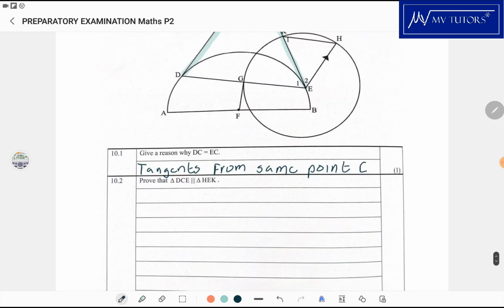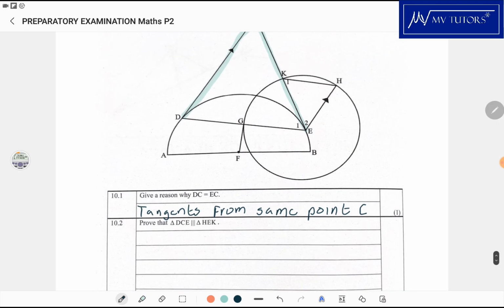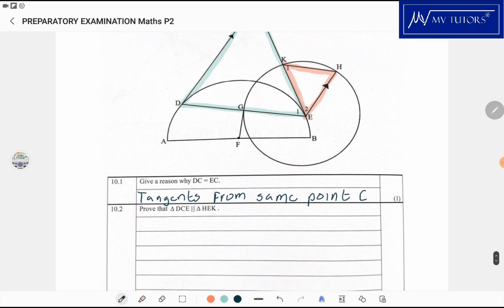Okay. The next question says, prove that triangle DCE, okay, let me just highlight DCE, is similar to triangle HEK. So there's HEK. These are the two triangles that I'm trying to prove are indeed similar.